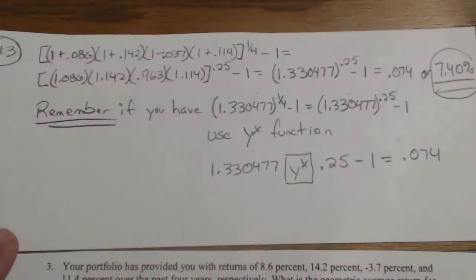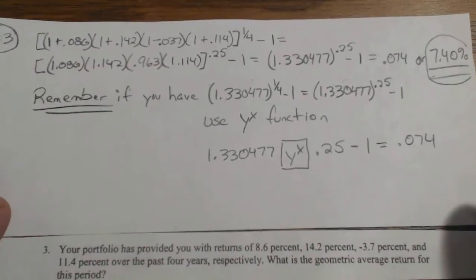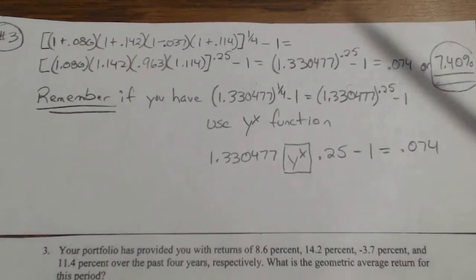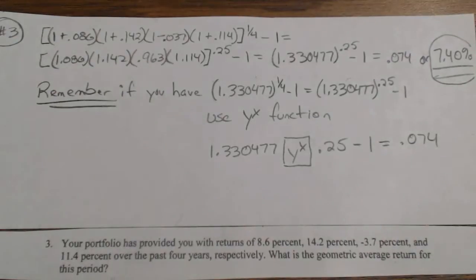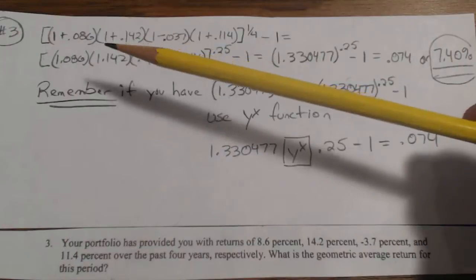So getting back to this, since they were asking for the geometric mean, we're going to multiply those times each other. Remember, you got to add 1 to each one of them so that you can compound them. Otherwise, they get smaller and smaller, so it wouldn't work out right.